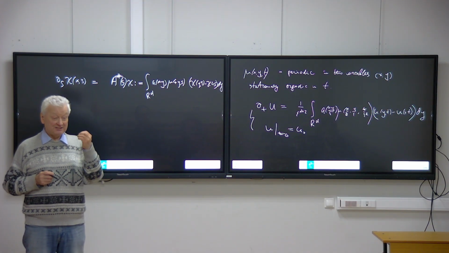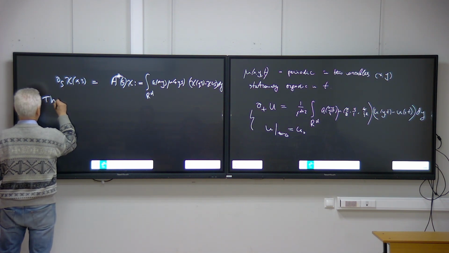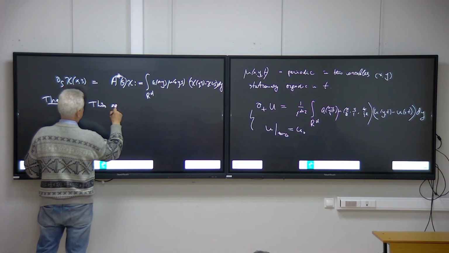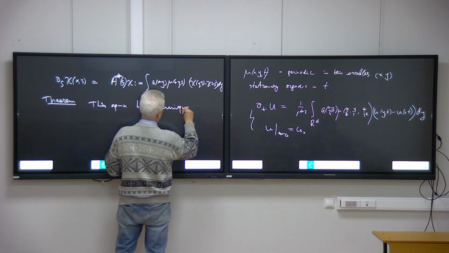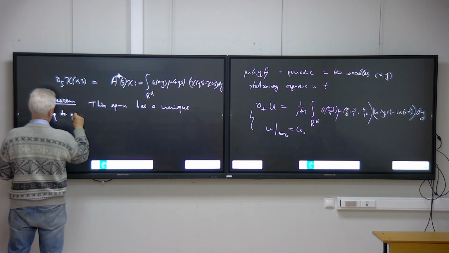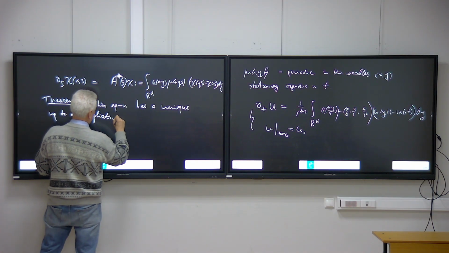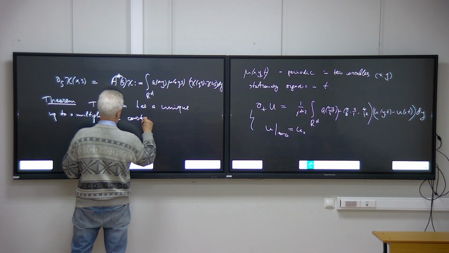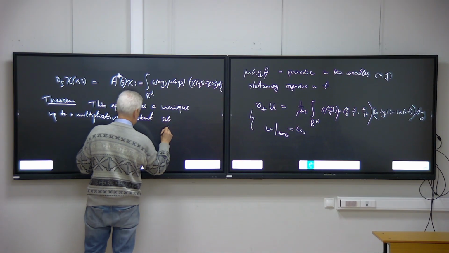There is a quite non-trivial theorem that says this equation has a unique, of course up to a multiplicative constant, which might be random, unique up to multiplicative constant, stationary solution.